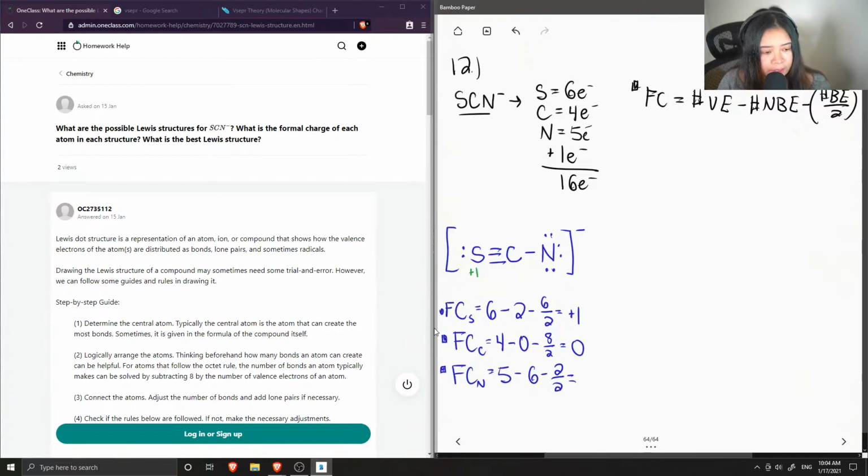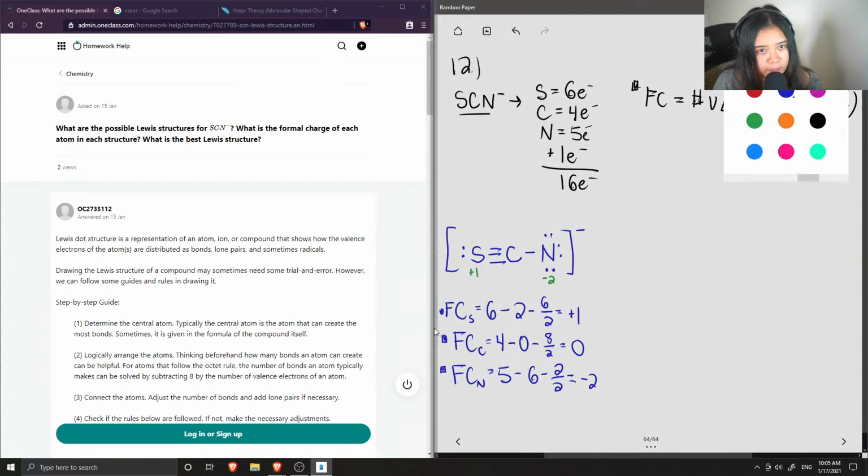So 5 minus 6 minus 1 is -2. So this nitrogen has a -2 formal charge, and the sulfur has a +1 charge, so that's why the overall charge of this ion is -1.